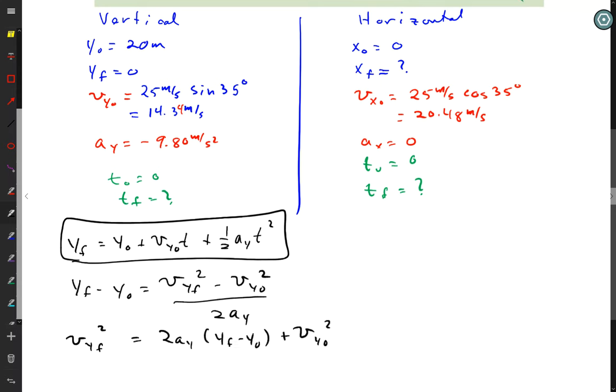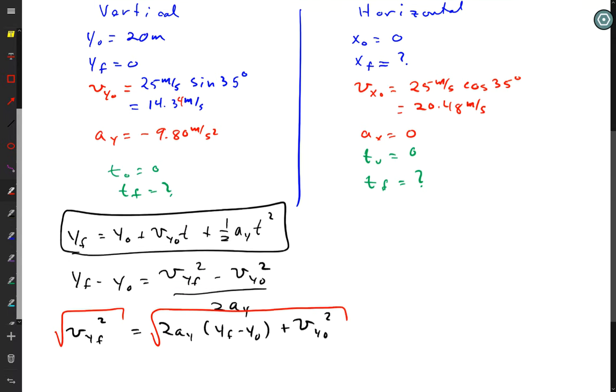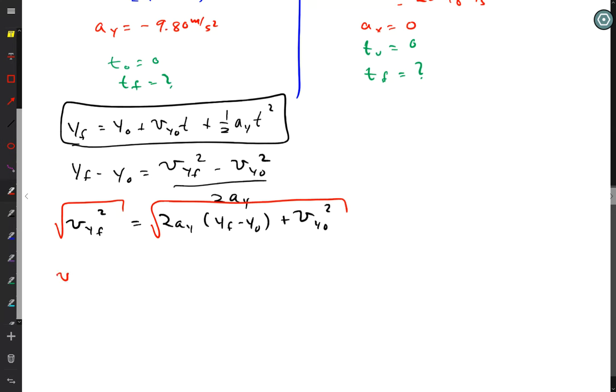So I had to multiply both sides by 2ay, and then I had to add Vy0 squared to both sides to get this. And then I just, of course, square root both sides. And I have Vy final equals plus or minus, because there's two answers when you have a square root.